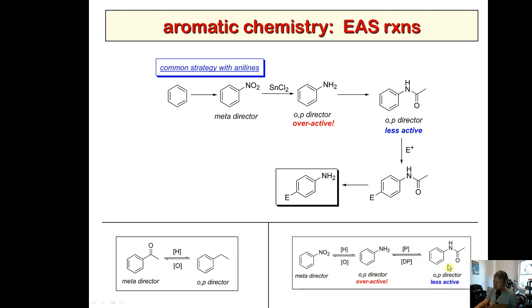And then this sequence: nitro is a meta director, and it can be reduced down to an amine, which is an ortho-para director that's overly activated, and then that could be protected to the amide, which is just acid chloride, and then that's a less active ortho-para director. But the cool thing is these can be shuttled back and forth to do what you're trying to do. Often we'd go from a meta director through this intermediate to the less active ortho-para director.